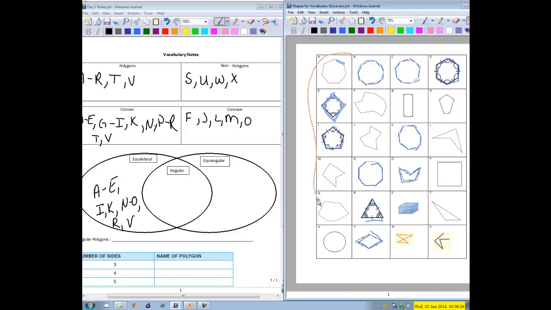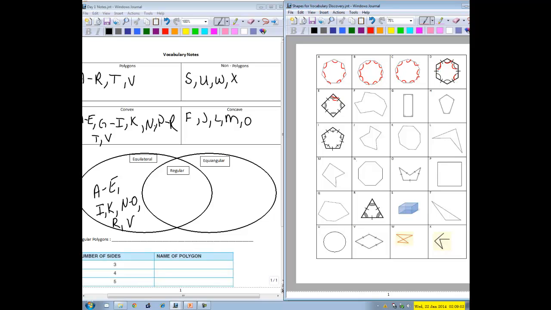Now we need to look at all of the angles. These don't tell you, but all the angles are equal on them. This one doesn't tell you either, but all the angles are also equal on this one. C, all the angles are equal. D, it shows you all the angles are equal.